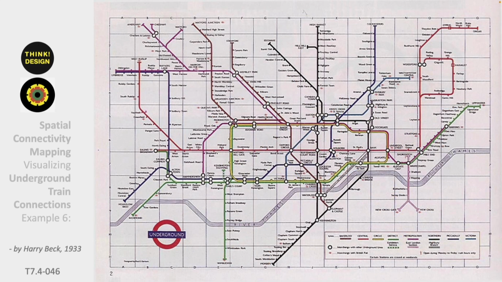Okay, this is a very classical map done by Harry Beck long time back, 1933, and it became a really classic because what he did was that he kind of mapped the different parts of the city through which the underground train actually passes through, such that it becomes convenient for people to find the different places.